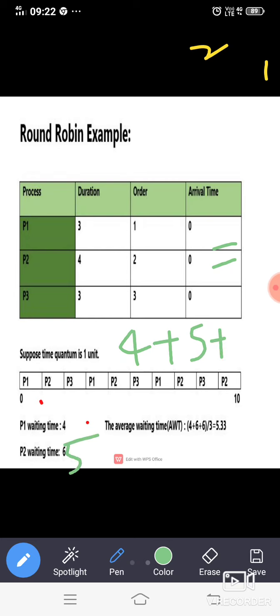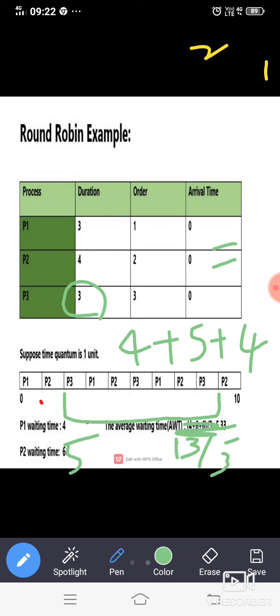We already explained the waiting time of P3 from this position to this position, that is 2 to 9, that is 7, but 7 minus 3 is 4. Now tell me, 4 plus 5 is 9, plus 4 is 13. So 13 divided by 3 is going to be our answer. 13 by 3 is nothing but 3 fours are 12 and 1 is remaining. You put a point and you get a 0, that is 10. So 3 into 3 is 9. So 4.3 is the average.